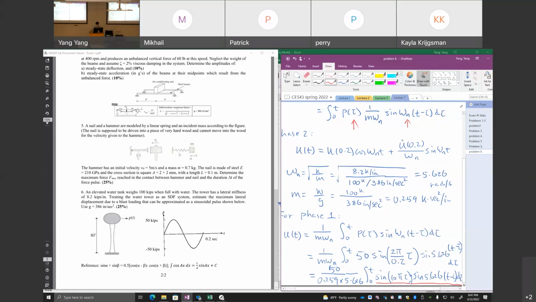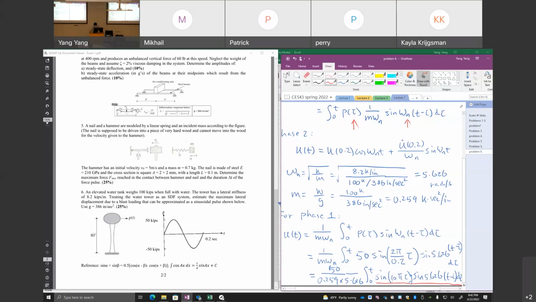This is the first one. Similarly for phase two, after we express u(t) in terms of t, we can find the displacement and the velocity at time equal to 0.2 seconds, so that we can write the response in terms of time for phase two and find its maximum. The overall maximum amplitude should be the larger of phase one and phase two.